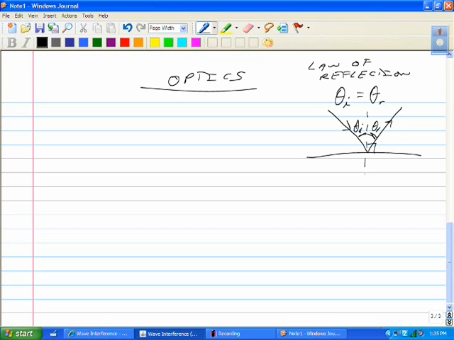All right. Now, the first thing we're going to talk about in optics, then, is the mirror. What's a mirror? A piece of glass? Silver or nickel or some kind of metal on a piece of glass. And what's the purpose of the piece of glass?